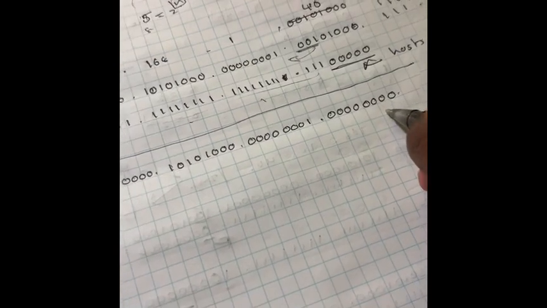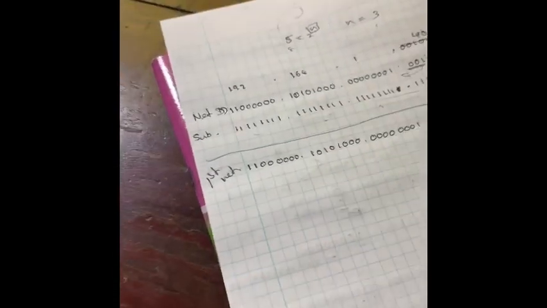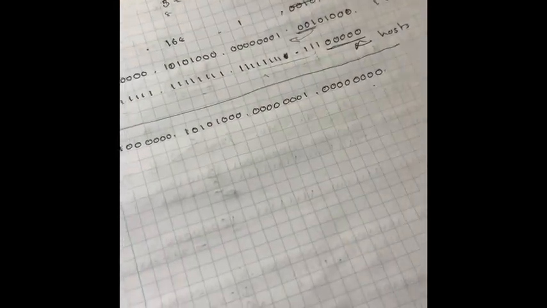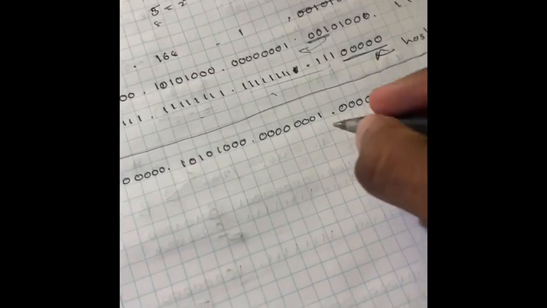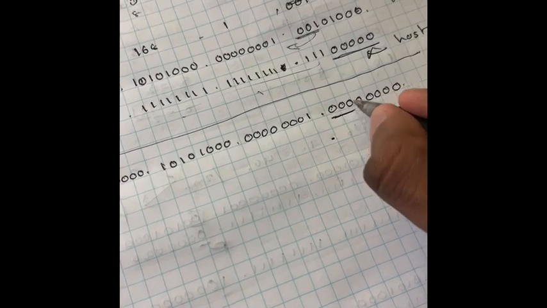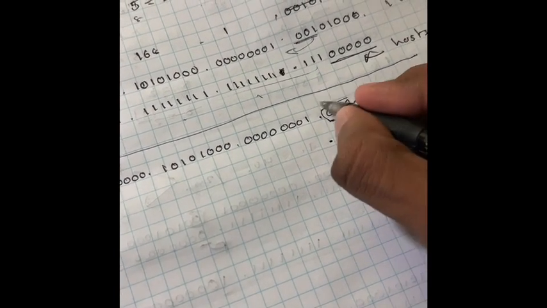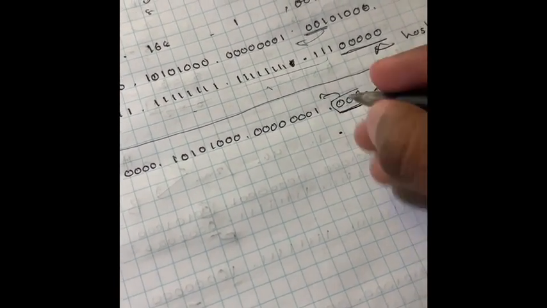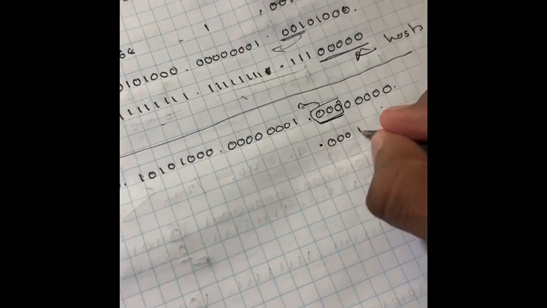This will be the first network ID, and the first network broadcast ID will be keeping all these three bits which were taken into the host bit the same. You put the others as 1.